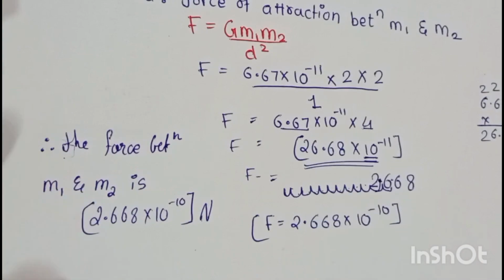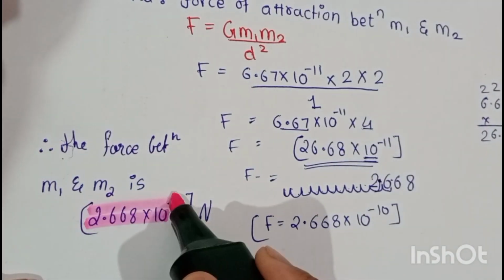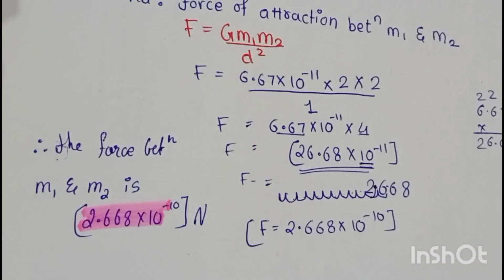Now I want to tell you one thing. This is an exponential form right now. When you convert this into decimal form, you will get something like 0.00000000268, which is almost zero. So do you think it will have any force of attraction within it? No, of course not. Zeros have no value if the zero is independent; if it is dependent, it has value.